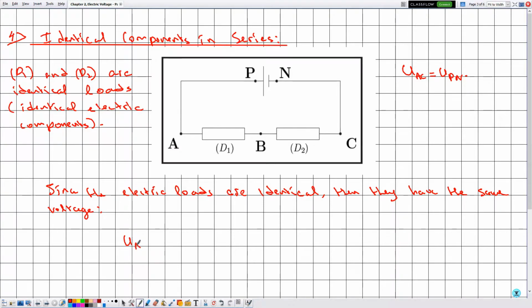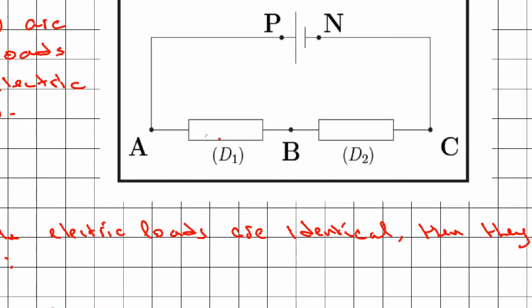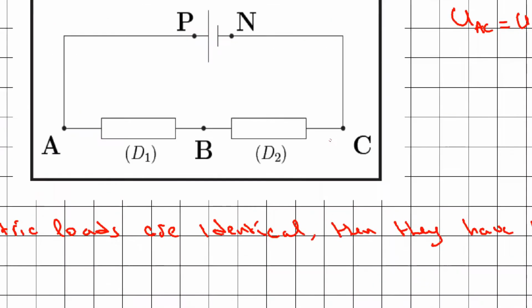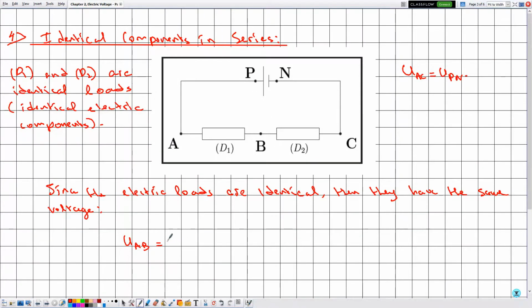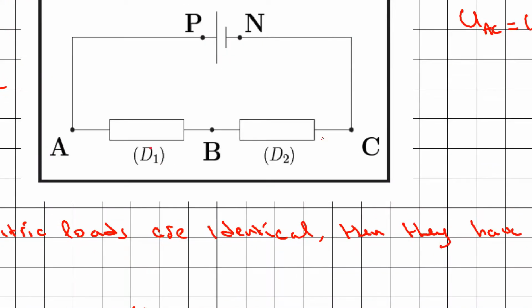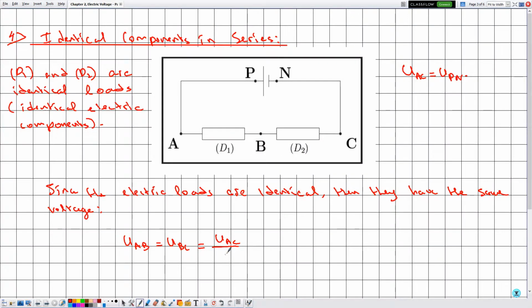So the voltage UAB across the electric component D1 is equal to the voltage UBC across the electric component D2, which is equal to UAC divided by the number of electric loads that we have. So notice that here, because we have two electric loads, then we will divide by 2.